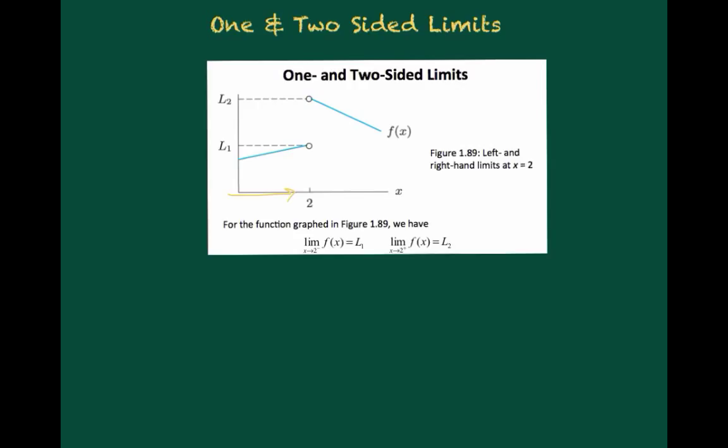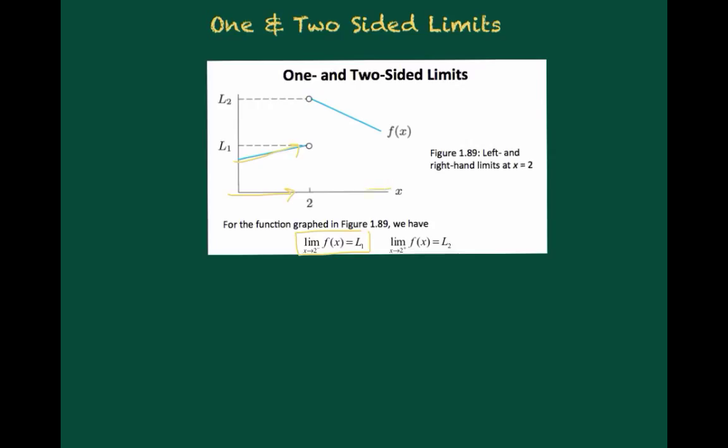So for instance, as I look at this example here, as I approach 2 from the negative side, or as we say from the left side, the function appears to be going to some value L1. So even though the function is not defined when x equals 2, the limit as x approaches 2 from the negative side, that's what that negative after the 2 means, doesn't mean negative 2, but it means toward 2 from the negative side, equals this number L1.